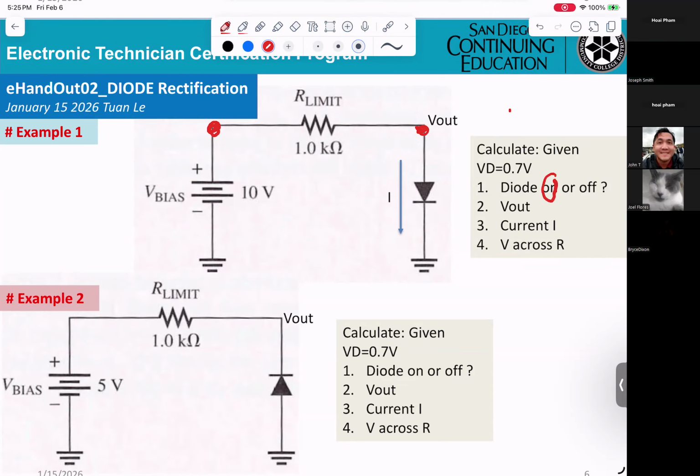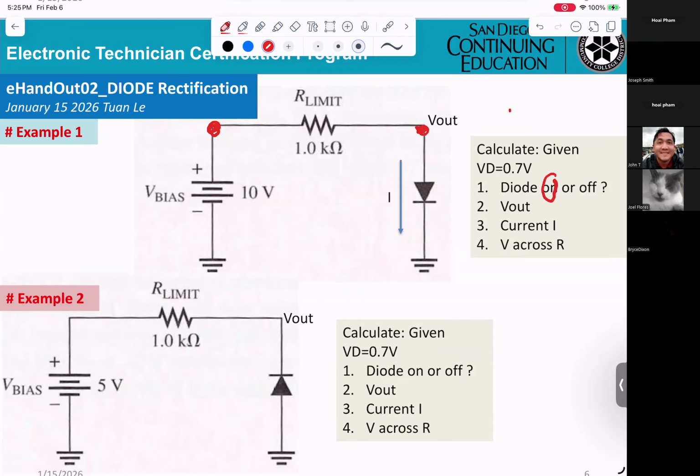The first step, you have to come up with whether the diode is on or off. Okay, we already did that. The second step, I already said: when the diode is on or off, you have to substitute the diode.